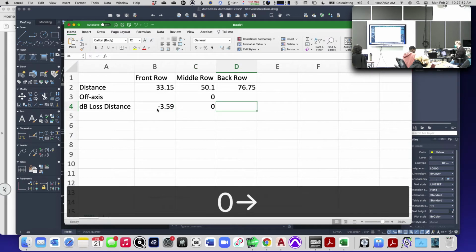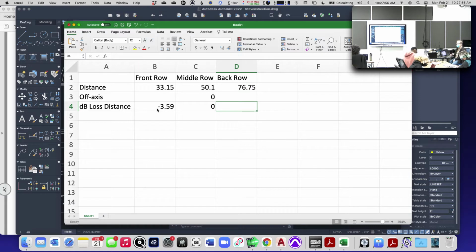We're assuming 0 dB loss over distance for the middle row because that's where the loudspeaker's pointed. We know, of course, we will lose some going through the air. We're just saying that from the point of view of comparison, the starting point is the on-axis point. Okay, what about the back row? 20 times the log of, did I do that right? This would actually be positive.